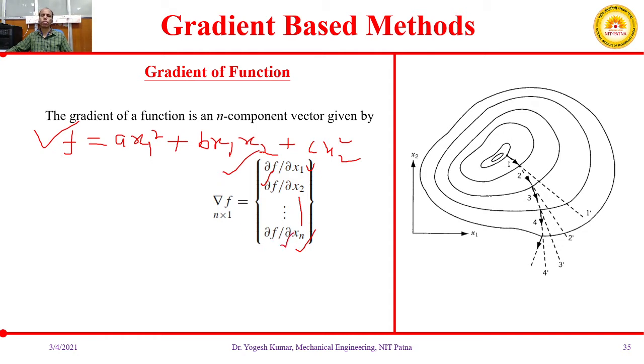Now if you try to see the meaning of this gradient graphically, suppose you have some function f(x) which is drawn here graphically, for certain values, say this is a, this is b, this is c, this is d, this is e, this is f. You have plotted a function f(x) like this.